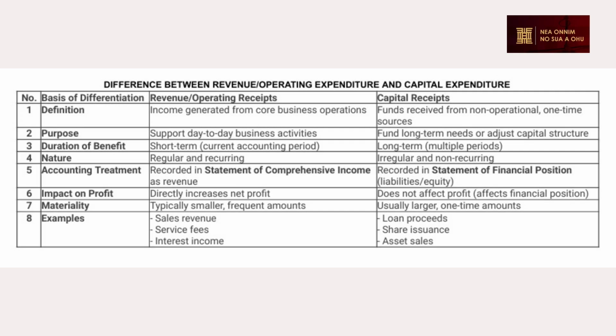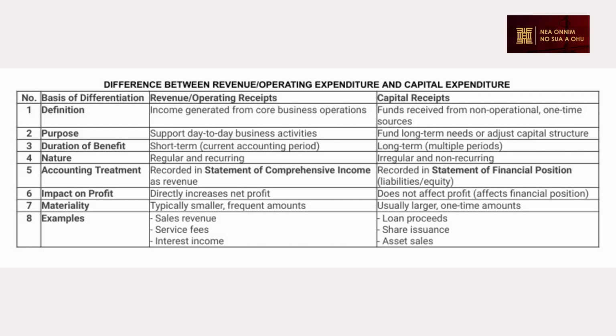And in terms of purpose, revenue or operating receipts are for the day-to-day management of the business. So those receipts from trading or from the core activities of the business are intended for the day-to-day management of the business.